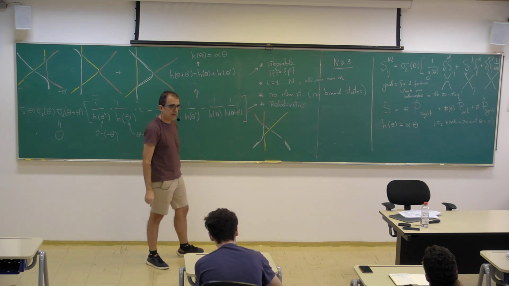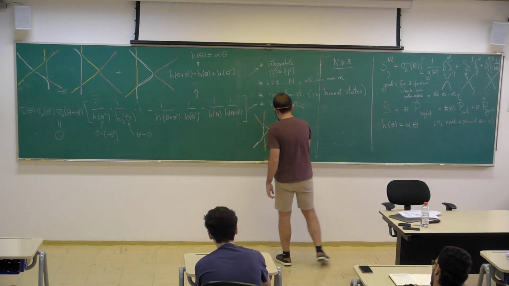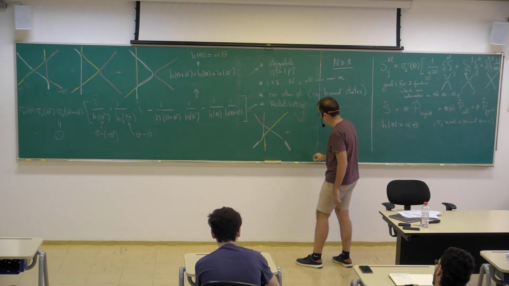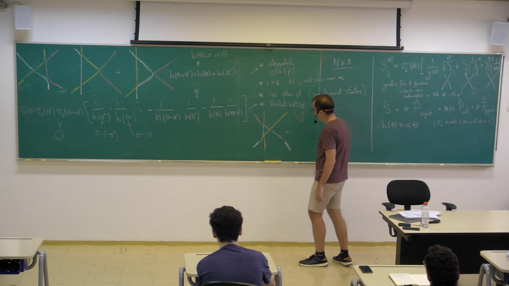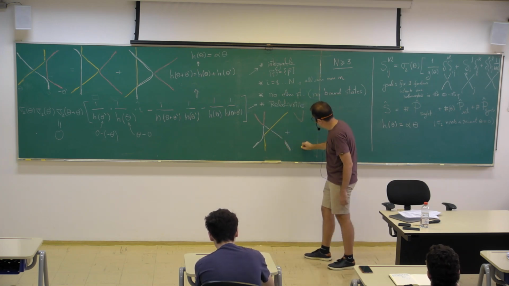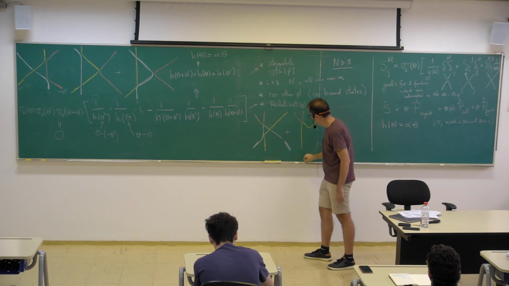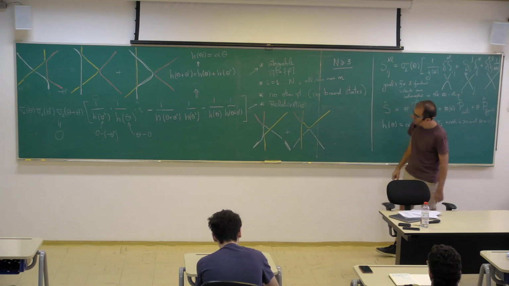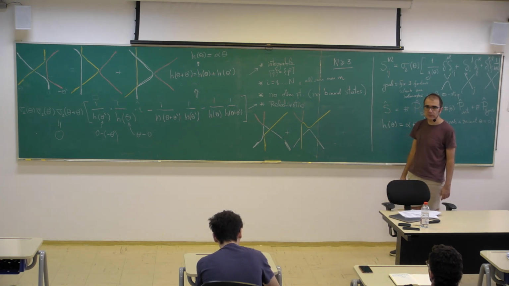Right? But there is another process, which is, so the red is always the same, but the yellow, instead of reflecting, could continue, that's fine, and it could annihilate here, and then reflect here. And the white would transmit here, and annihilate. So that's also a possible process.